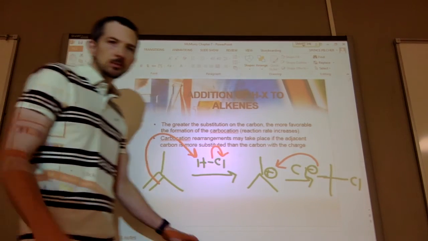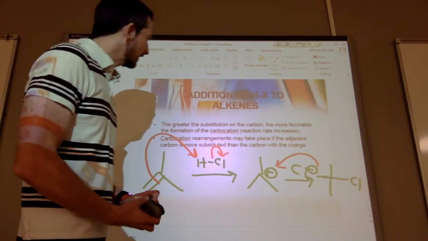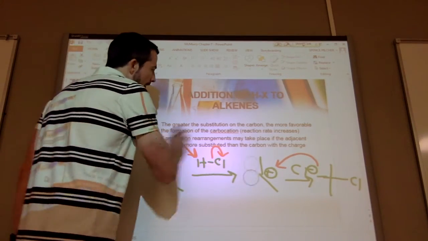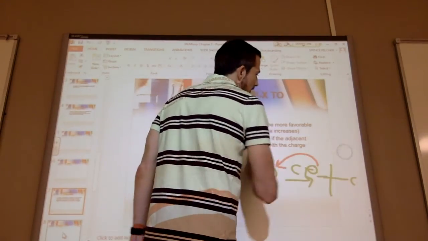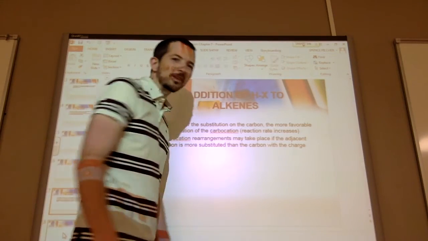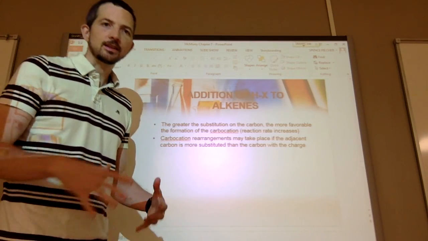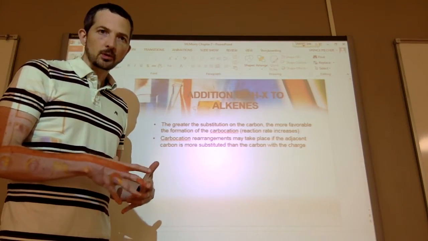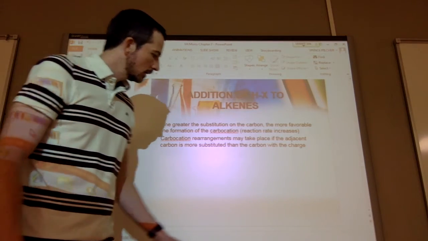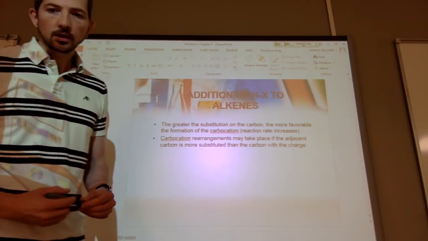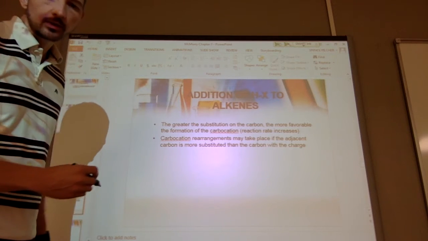Last thing we're going to look at in Chapter 7 is what's known as a carbocation rearrangement. So we have seen that this reaction takes place through a carbocation intermediate. So let's look at an example so I can illustrate this.